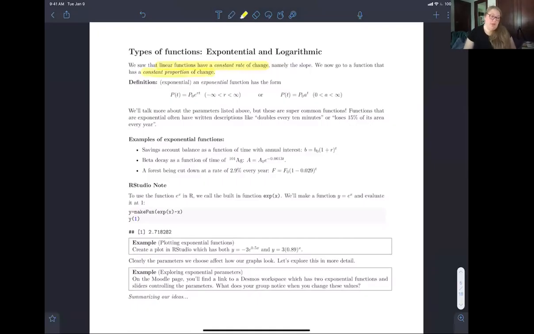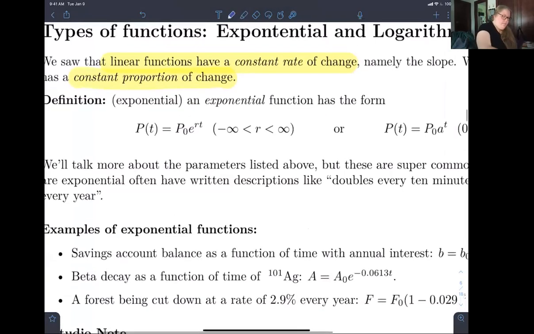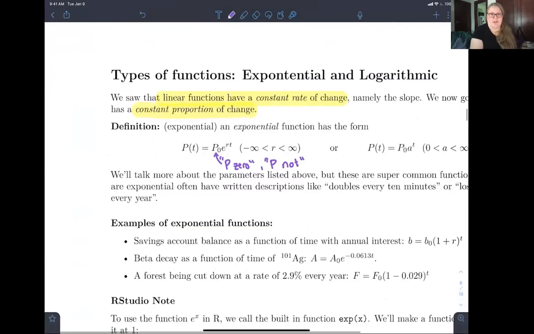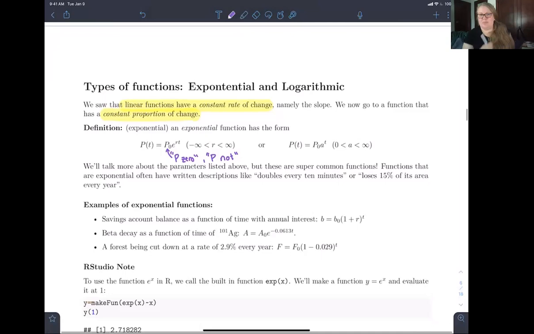So an exponential function has one of these two forms. P is going to be our dependent variable, or P of t is the function. And I read this either as P0 or P naught, which I think is actually spelled N-A-U-G-H-T, but it's fine. They will sound the same.